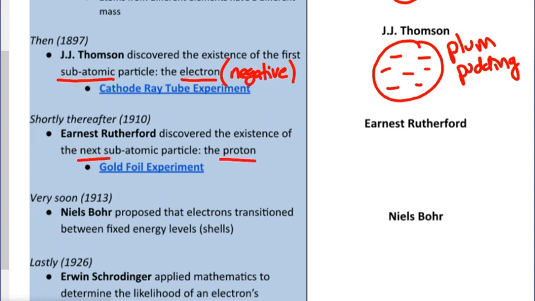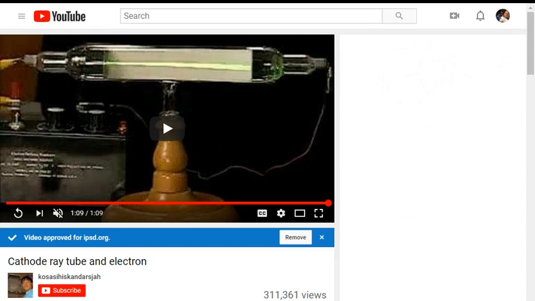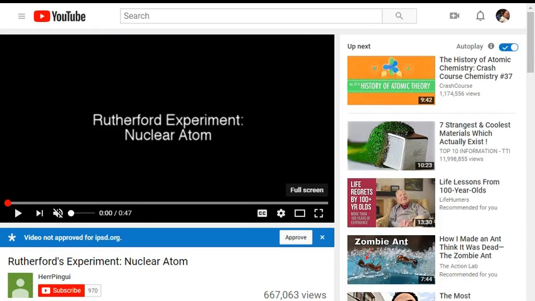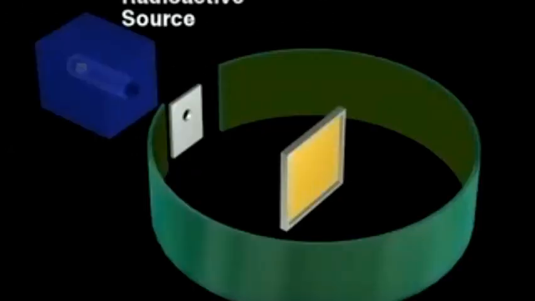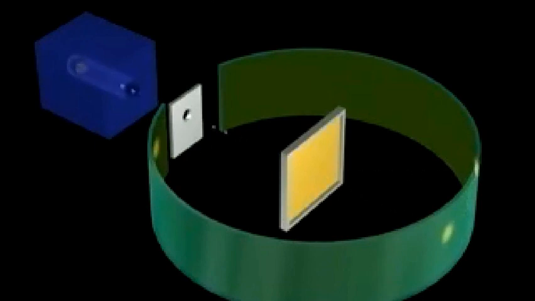the proton. And this experiment is what we call the gold foil experiment. And so I wanted to show you the video clip here. Ernest Rutherford's gold foil experiment utilized radioactive material. And so at the same time, while this experiment was being done, they knew that this radioactive material were these little tiny positive radioactive particles.